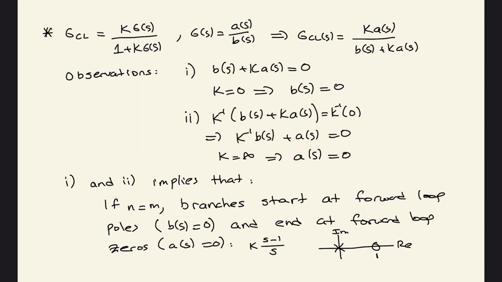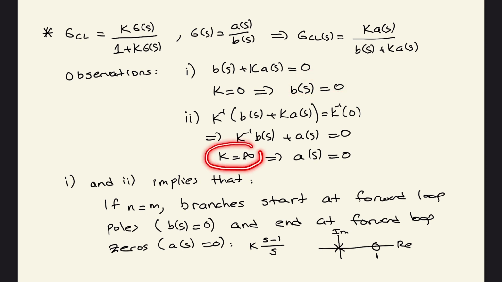In other words, what I am trying to say is, when gain k is 0, root locus closed loop poles match with the forward loop transfer function's denominator, or the forward loop transfer function's poles.